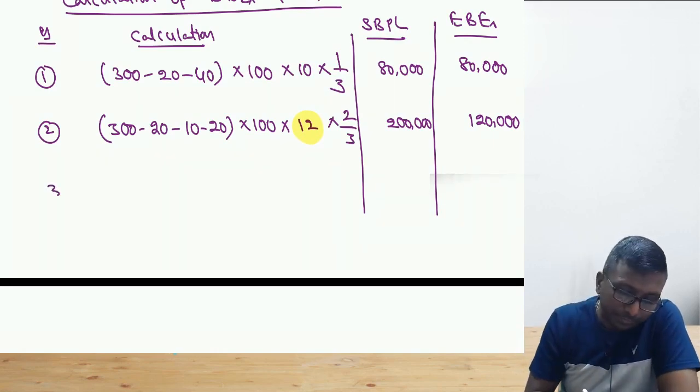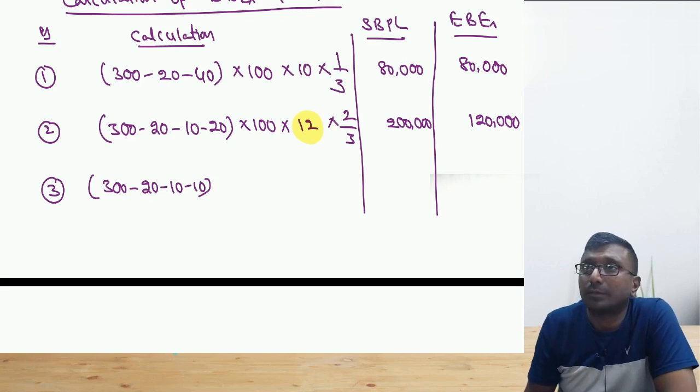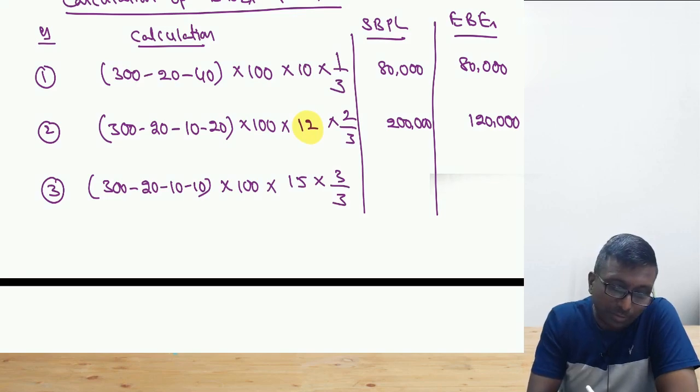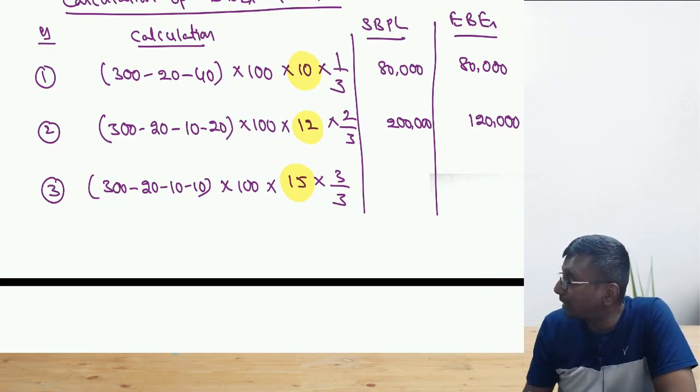Third year. Third year, 300 minus 20 minus 10 minus 10, into 100 into 15 into 3 by 3. Whatever is highlighted, they are important, correct?